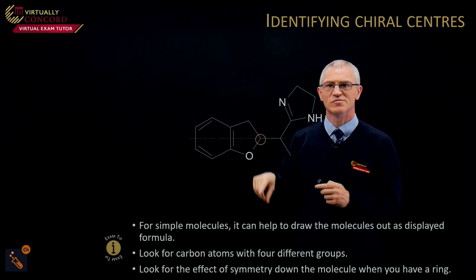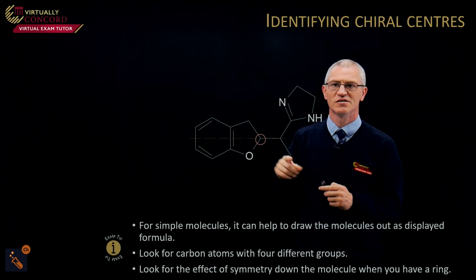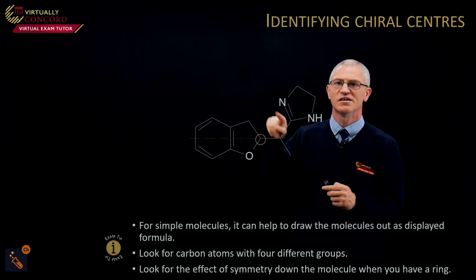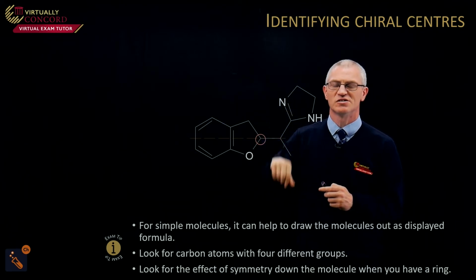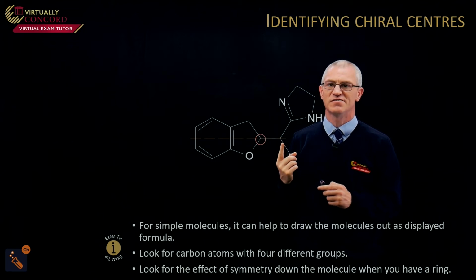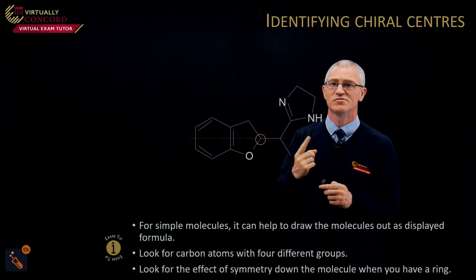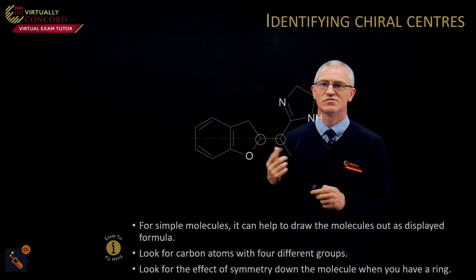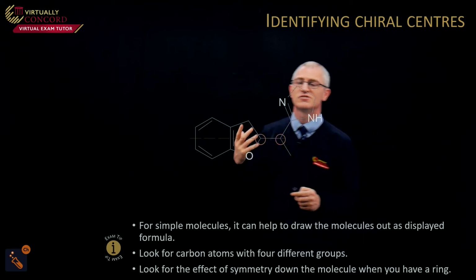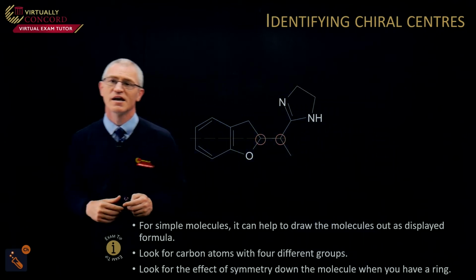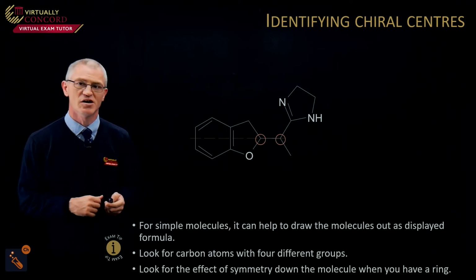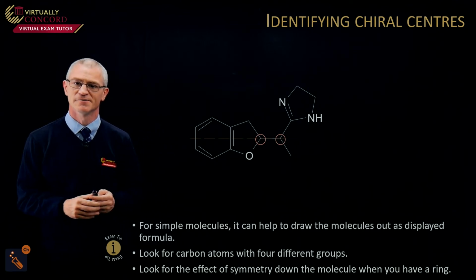We don't really need the plane of symmetry on this one because this big group comes off here. You've got the CH3 that's coming off here and this big nitrogen containing ring here. So therefore that's definitely 4 different groups coming off here because there's a hydrogen coming off as well, and that's your second chiral centre. So this one has 2 chiral centres in it, and the name for that is diastereoisomer. We'll talk about that a little bit later.